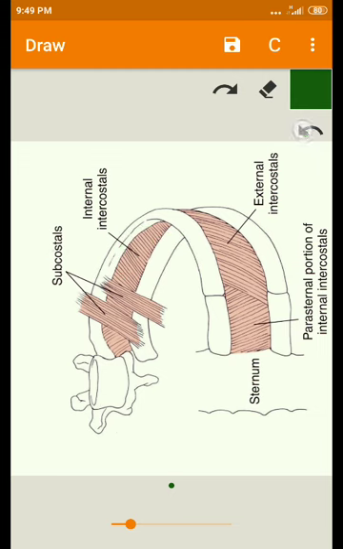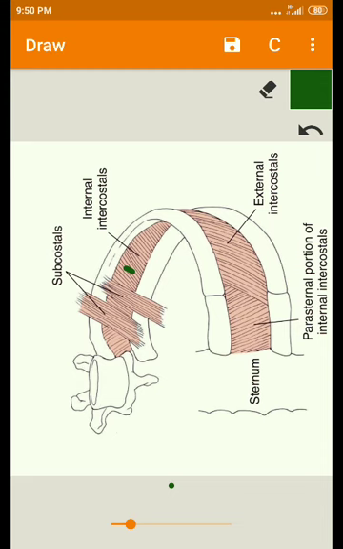Okay, and if you see this thing, so up to here only this muscle is getting, external intercostalis is ending up, but posteriorly also, in the same way, this internal intercostalis will end up as internal intercostal membrane.